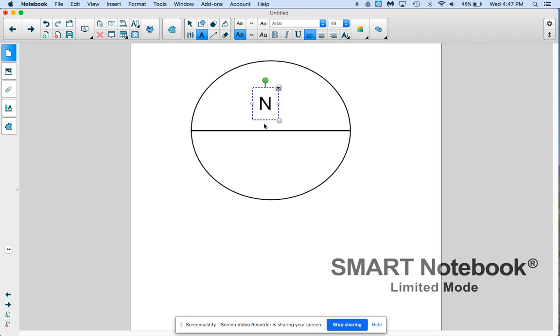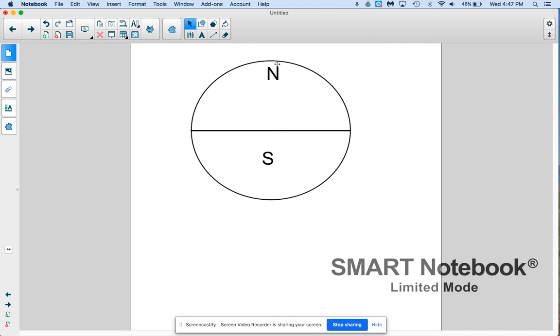Our northern hemisphere is on top and our southern hemisphere is on the bottom. One easy way to remember this is think about the North Pole and the South Pole. Anything that is below this imaginary line is in the southern hemisphere, and anything above it is in the northern hemisphere.